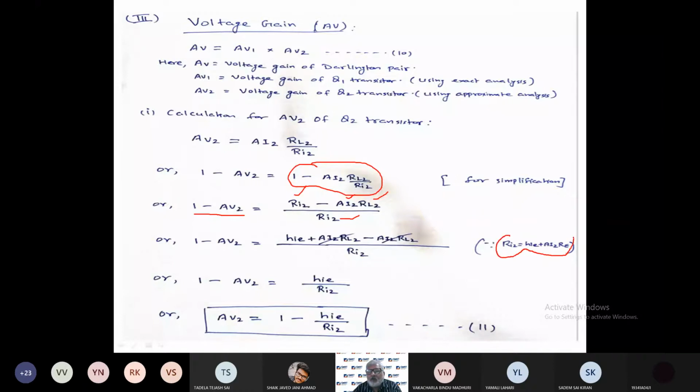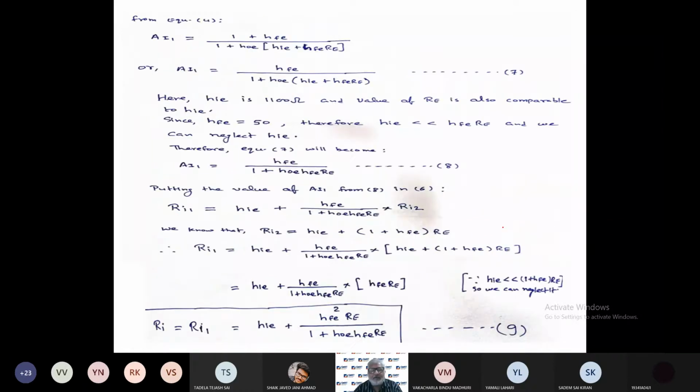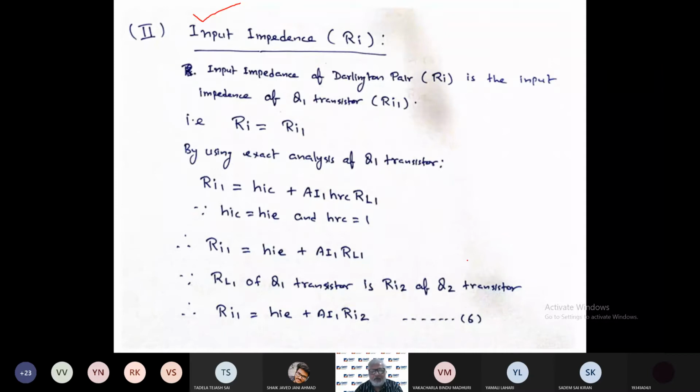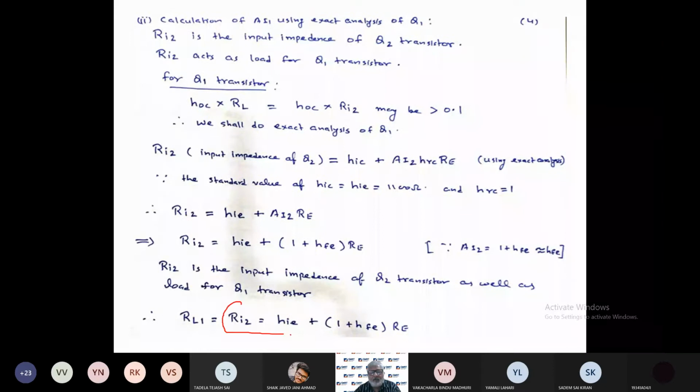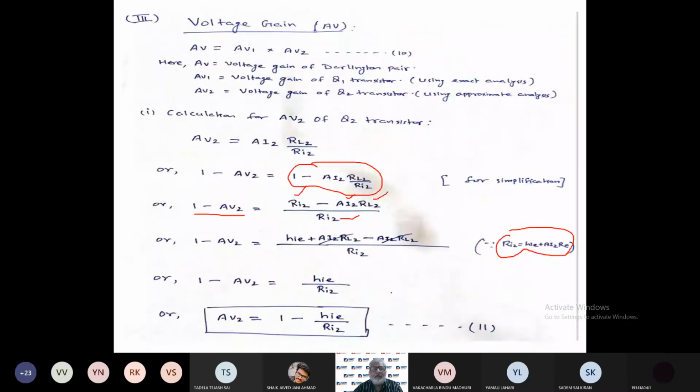Now Ri2, this expression we already calculated in the last lecture. Ri2 is HIE plus 1 plus HFE times RE, where 1 plus HFE you can write as AI2. So here I have written Ri2 as HIE plus AI2 RE.